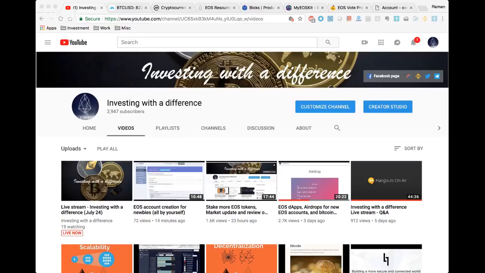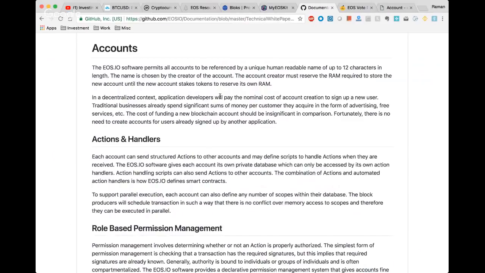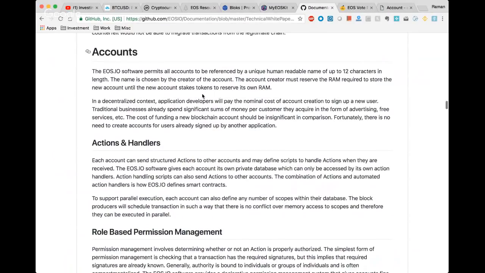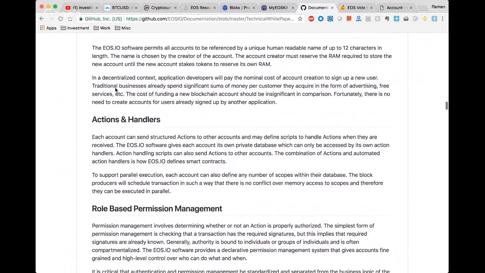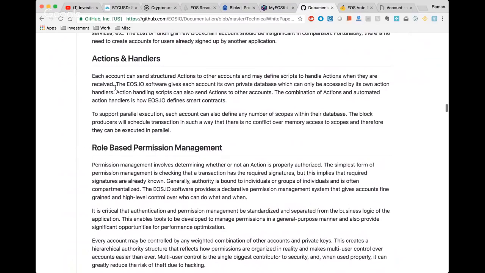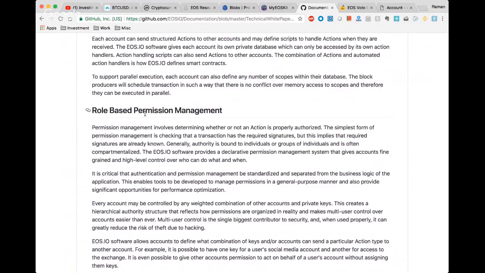But the key part about EOS is that you can have various levels of permissions. Again, for this you need to go into a lot more detail. If you go into the accounts document, this is part of the white paper, and if you go to the account section, if you're really interested, you should read how these permissions work. It's very interesting.